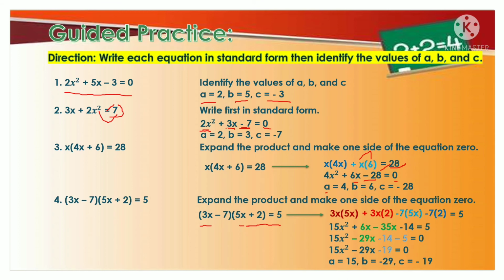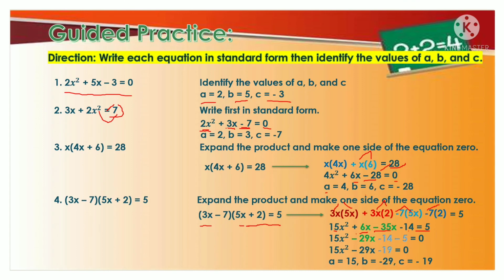So let us multiply now. 3x times 5x is 15x squared. And then 3x times positive 2 is positive 6x. Negative 7 times positive 5x is negative 35x. Negative 7 times positive 2 is negative 14. Copy equals 5.